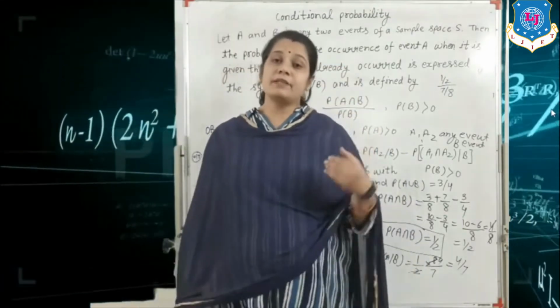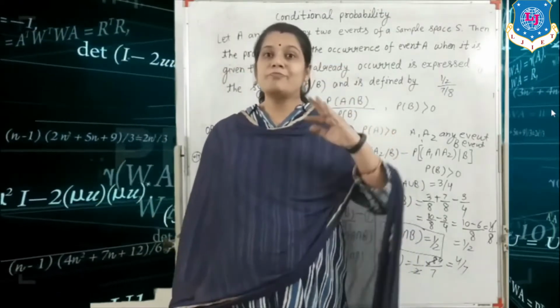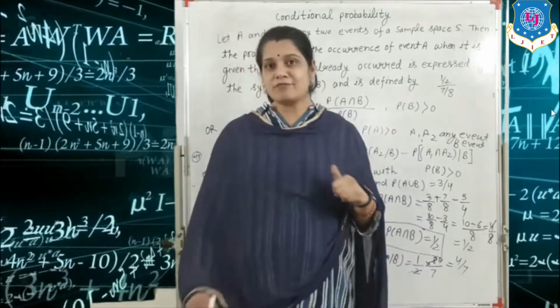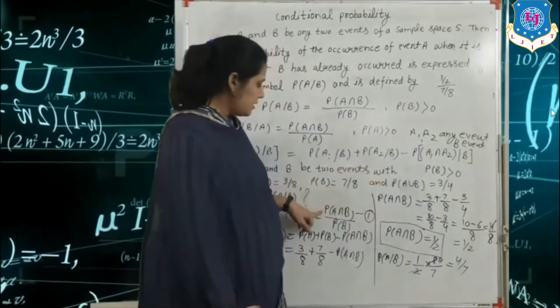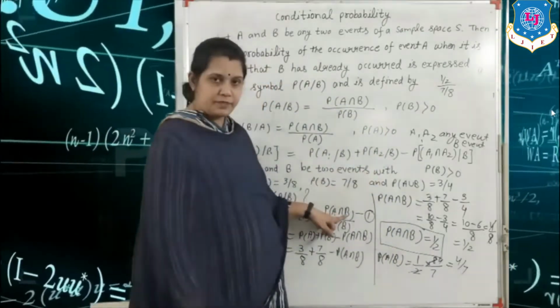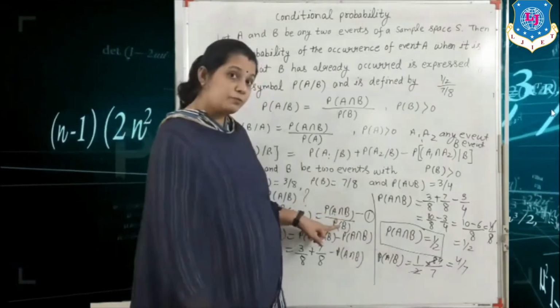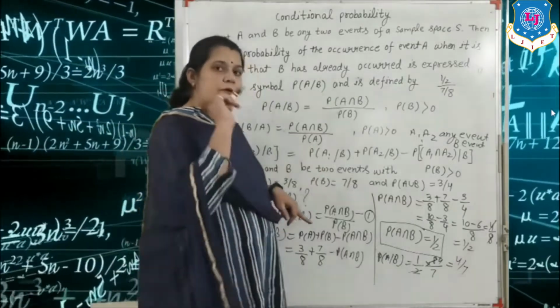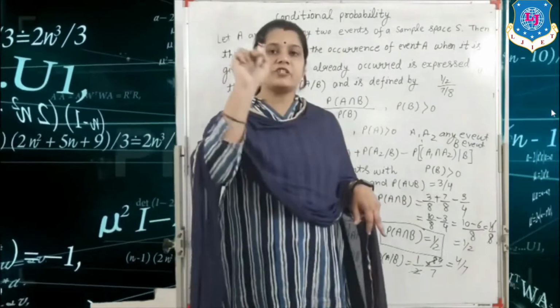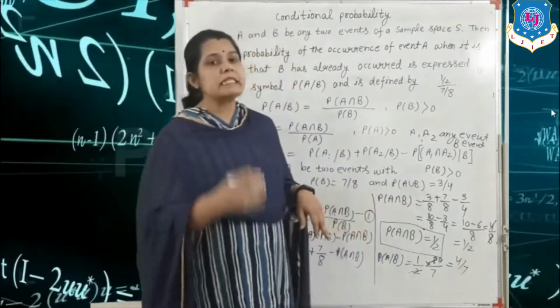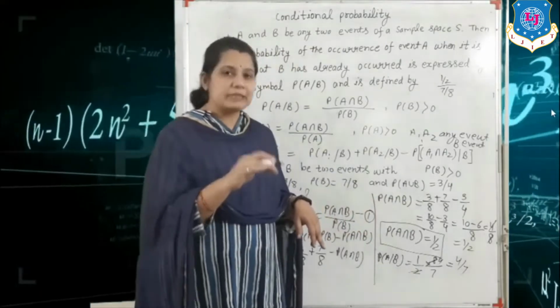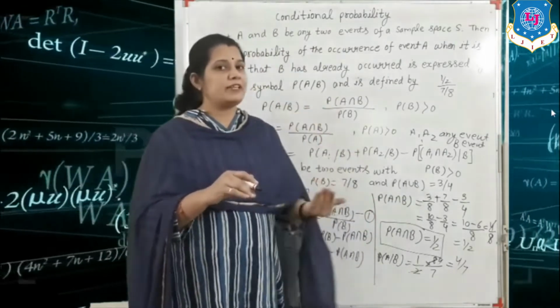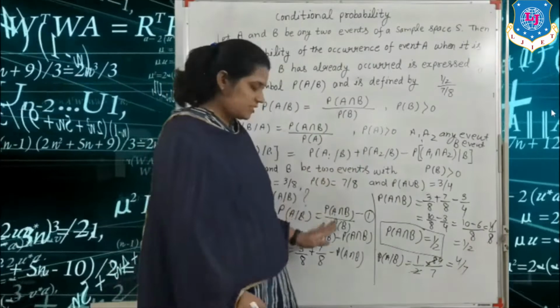Okay, so 4 by 7 is the answer of the probability of A given B. For example, if we find the probability of B given A, what is the formula? The formula is probability of A intersection B divided by the probability of A, because here we write the probability of B given A. That means the A event is already completed, after that the B event is started. So the process is the same.